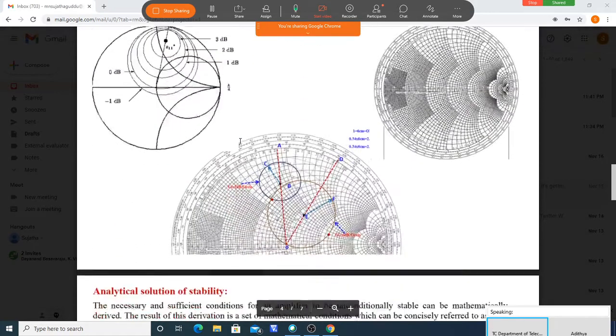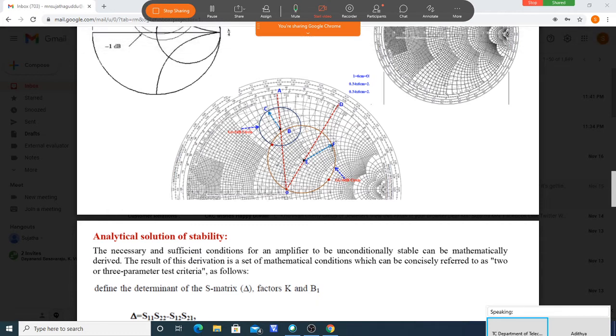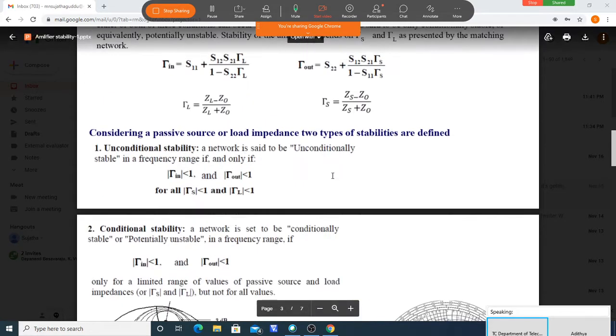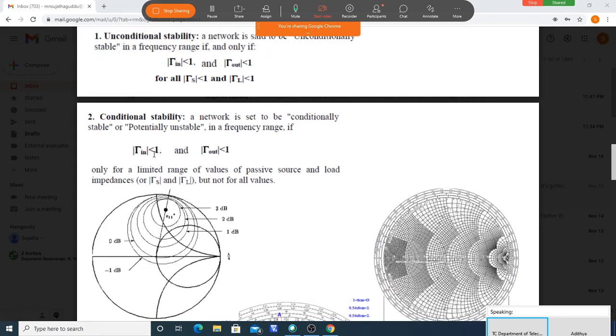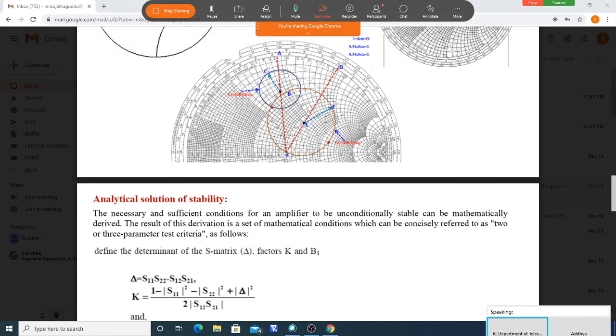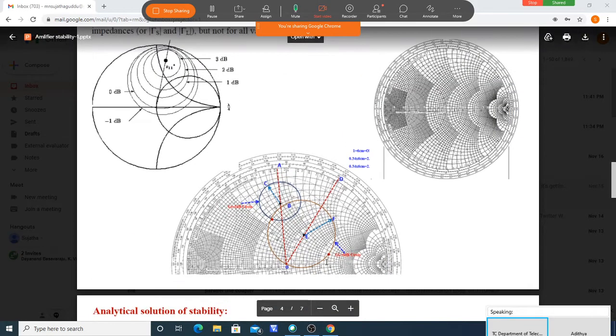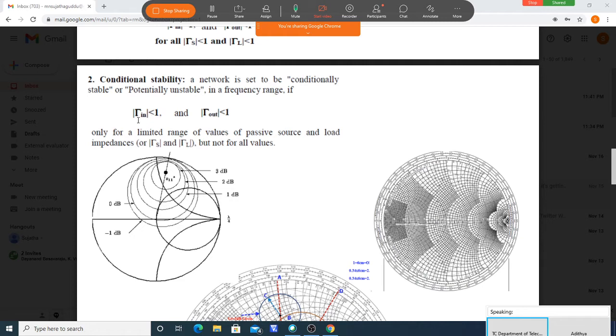You take values of ZL over the circle, but what we are expecting is that those values must give Γin less than 1. That way we have to choose. So I have taken some value like this. We have to take a particular value, then only it will be less than 1.